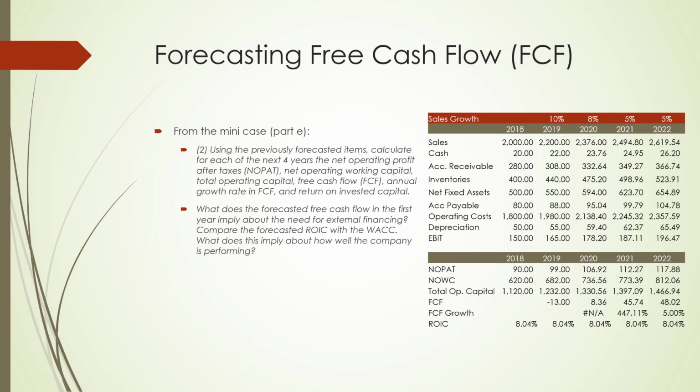So that means that the company is destroying value. They need to fix some of those problems that we talked about at the very beginning in order to get the return on invested capital above the weighted average cost of capital. So right now, they are destroying value. This is not good. This is why the company is undervalued relative to its peers.